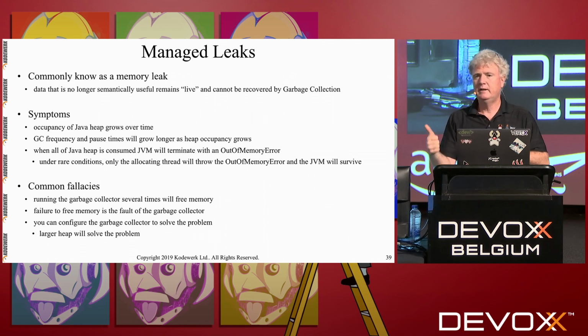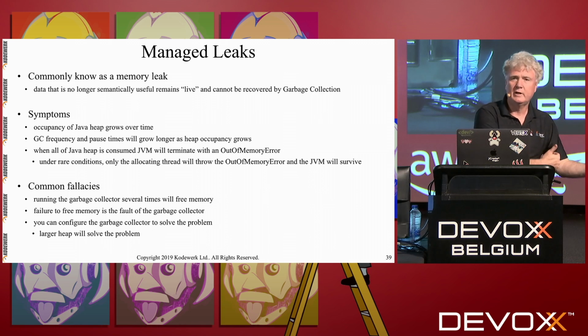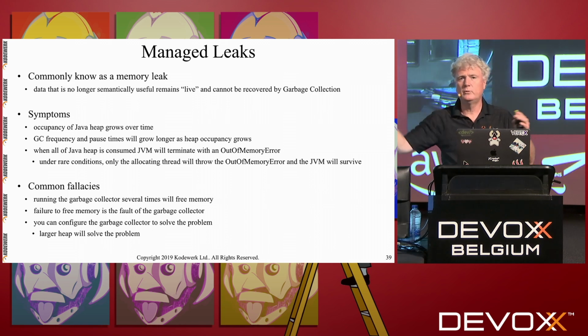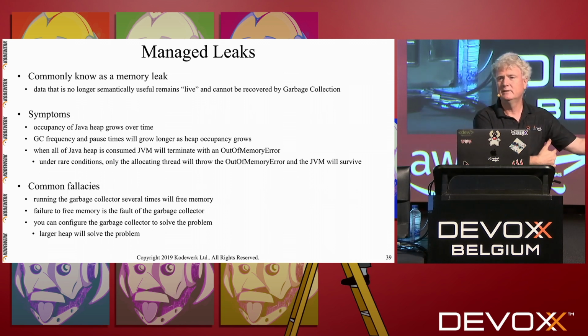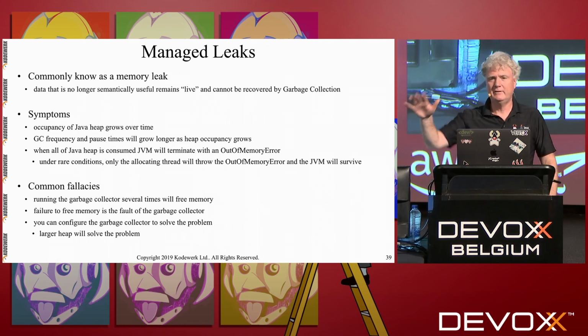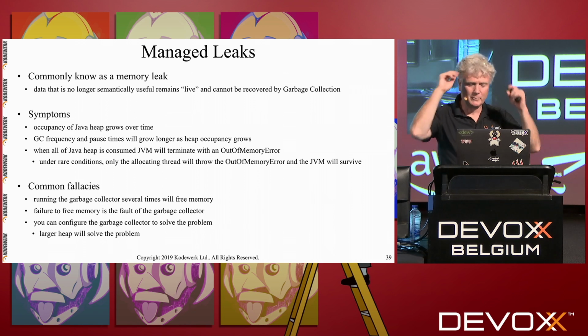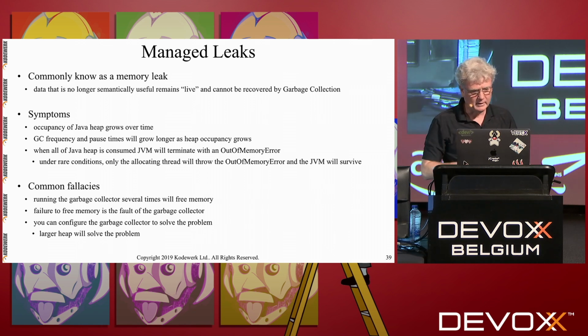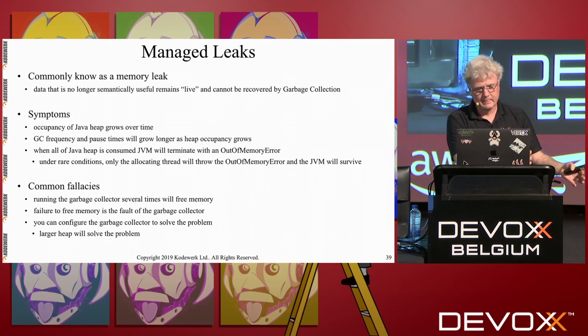At the end of finalization, they truly are garbage, which means the second collection is the one that actually frees the memory. So people think, oh, if I just keep running it, I'll keep recovering more memory, but that's generally not the case. They always blame the garbage collector, and it's really not the garbage collector's fault, as you're going to see.